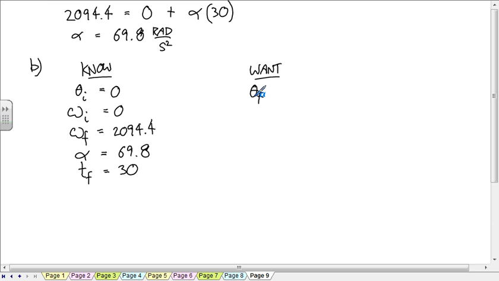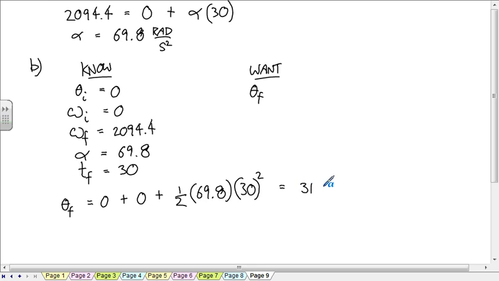So theta final is equal to 0 plus 0 plus 1/2 times 69.8 times 30 squared. And you get a value of 31,410 radians.